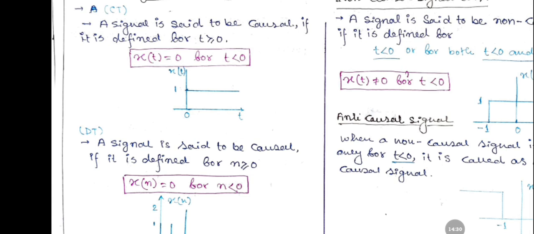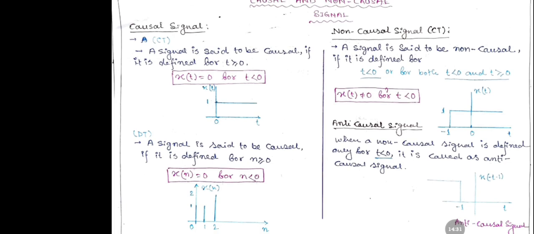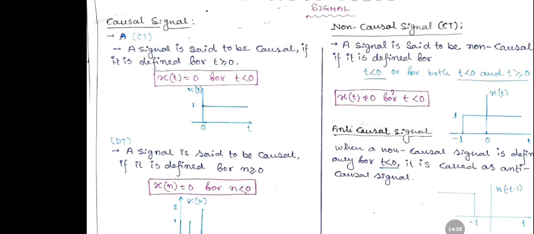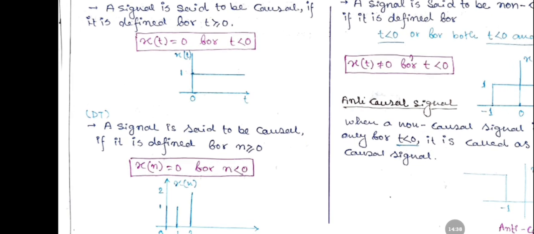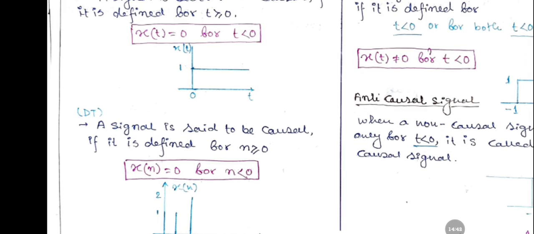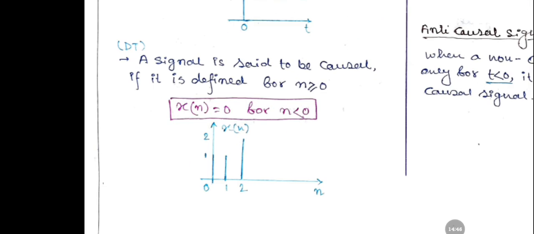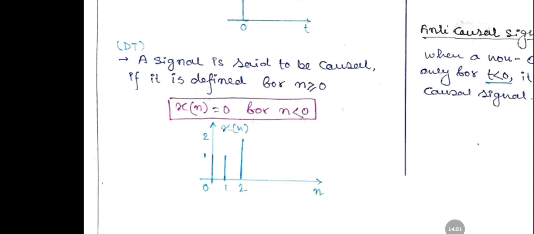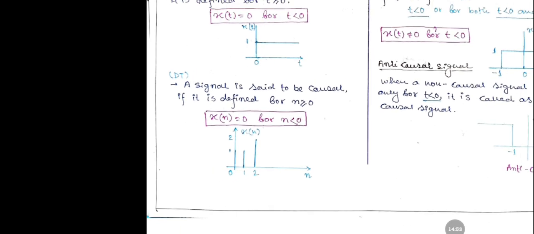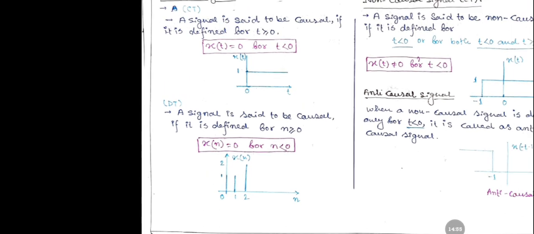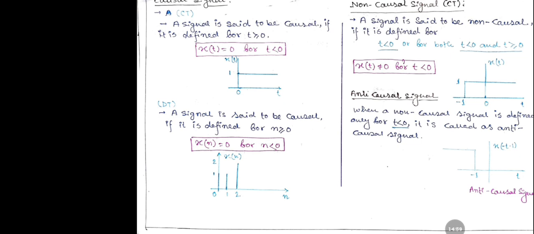We call these types of signals causal signals. For discrete-time signals, x[n] is equal to 0 for n less than 0. The left part is 0 for these signals. This type of signal does not depend on the future; it only depends on the present and the past.